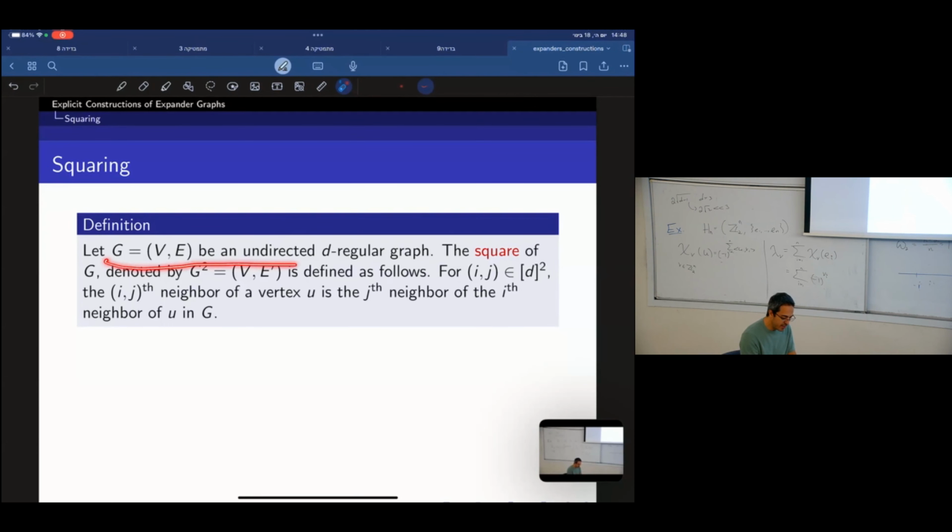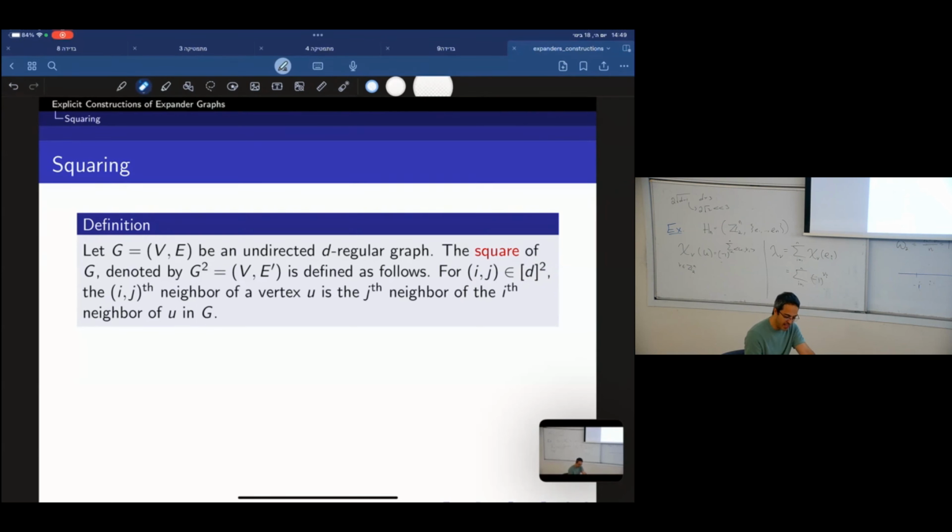So if you have an undirected graph G that is d-regular, then the square of the graph G, which we denote by G squared, is defined as follows with respect to the labelings mentioned. So you give me a vertex name, not a vertex name, a neighbor's name. It should be a number between 1 and d squared, because the degree is d squared when you square a graph.